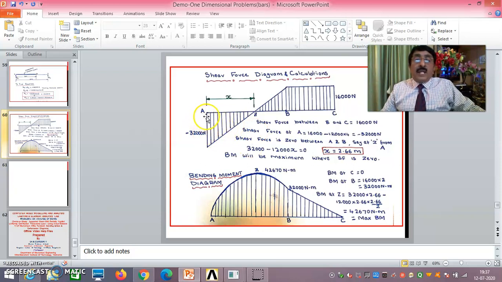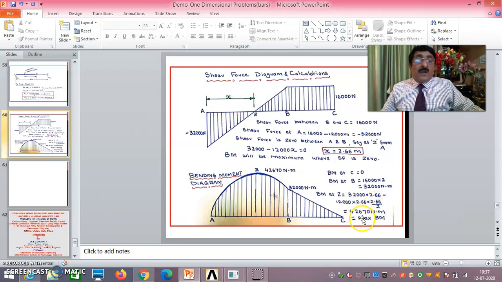RA is 32,000 into 2.66, minus, here the load is 12,000 Newton per meter. 12,000 into 2.66 is assumed to act at the center, so into 2.66 by 2 you take. 32,000 into 2.66 because RA is 32,000, minus 12,000, the UDL, into X, that is 12,000 into 2.66 acting at the center, into 2.66 by 2.